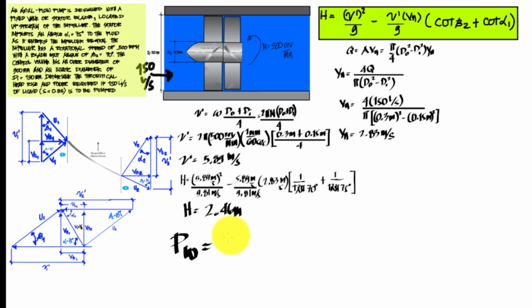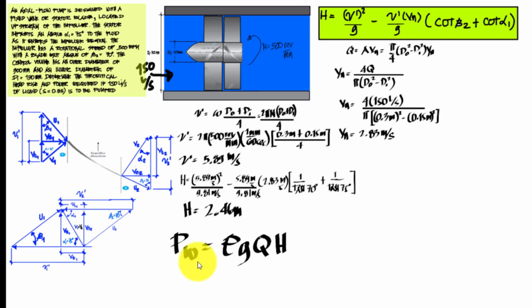So this is simply your density, gravity, and we have the volume flow rate, then times the head, or let's say this is your total dynamic head. So that will be the power required or water horsepower.